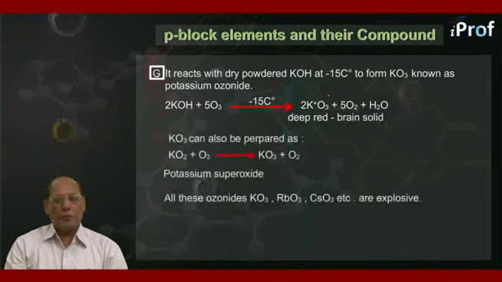KO3, that is potassium ozonide, can also be prepared as KO2, that is potassium superoxide, + O3, that gives KO3 + O2.